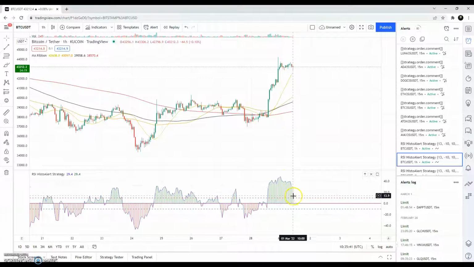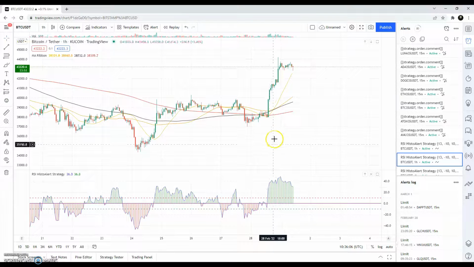The RSI histo goes back to 0 a lot quicker than the price will actually fall, okay? This is like giving us strength of this. If the strength dies out, then we're getting out of the trade, right? And the strength is starting to die out right now, and it's starting to climb back down. So that would be our buy for right here.